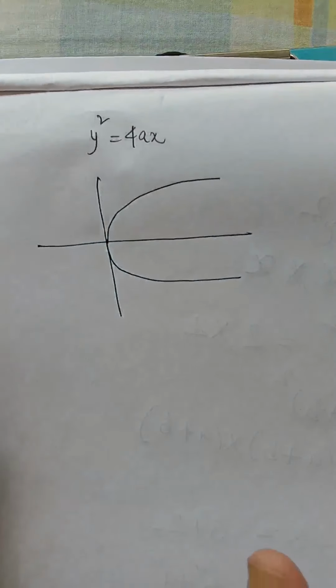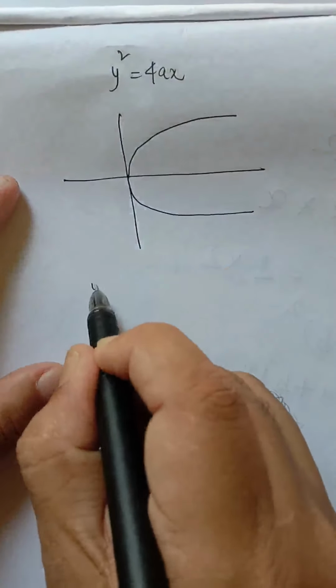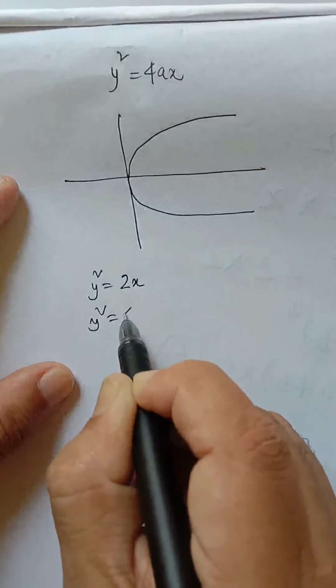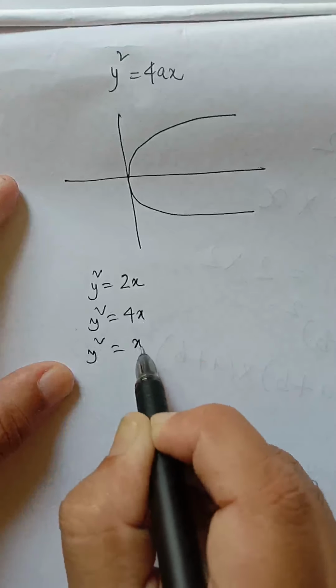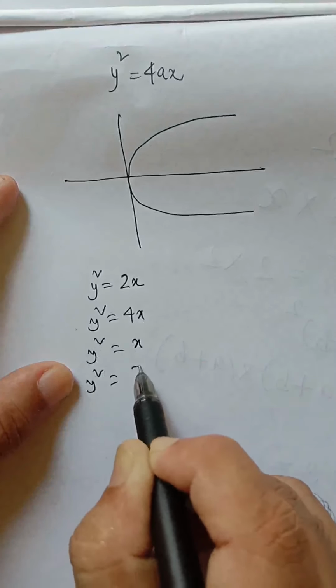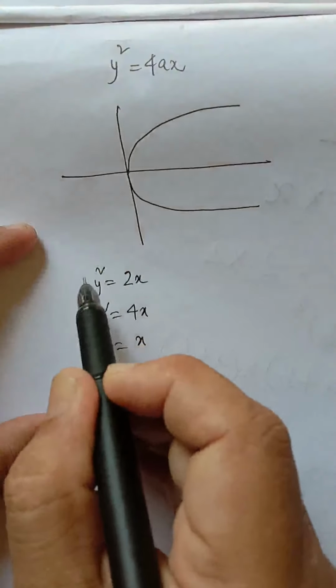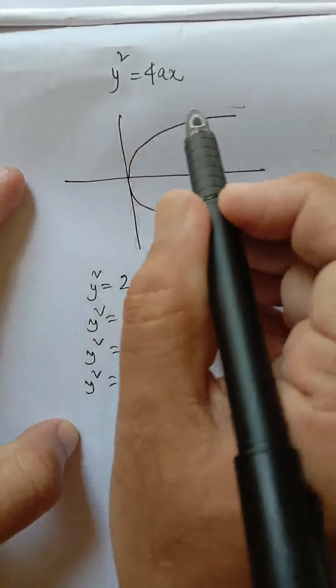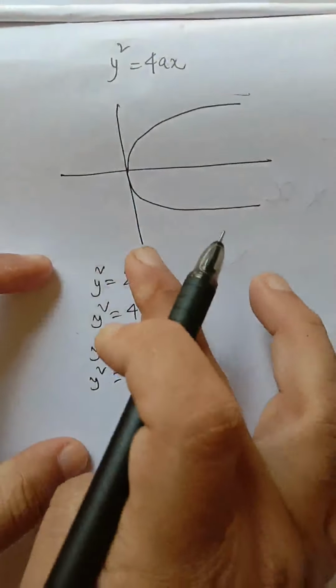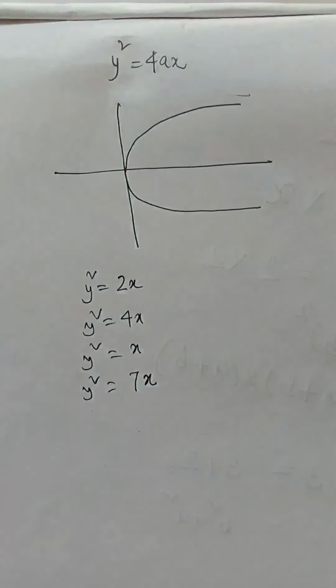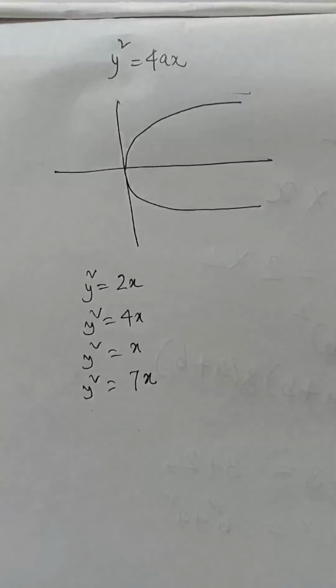Now in the question, suppose it is given: find the area bounded by y square equal to 2x, y square equal to 4x, y square equal to x, y square equal to 7x. Now in a question, if the equation of a parabola is given in this form, we will draw the rough sketch of these curves in this way. What you have to remember, while finding the area under curves, is that you have to draw the rough sketch of the curves.